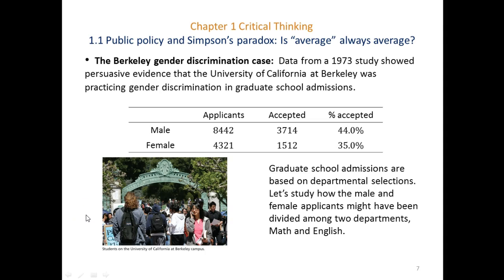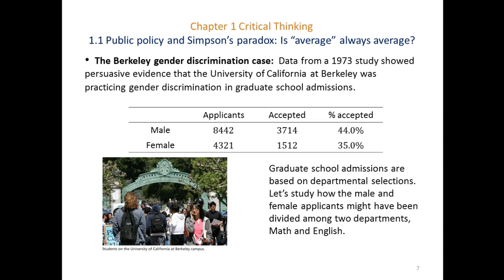Another example, the Berkeley gender discrimination case. Data from a 1973 study showed persuasive evidence that University of California at Berkeley was practicing gender discrimination in graduate school admissions. Here we have a table. Out of 8,442 male applicants, 3,714 were accepted, which is a 44% acceptance rate.